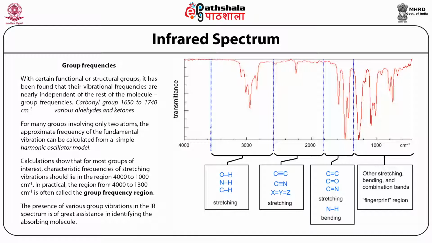The third region lies around 2000 wave number, and it gives you information about the carbon-carbon triple bond, carbon-nitrogen triple bond, and XYZ stretching. And the first region, the region of highest frequency, gives you information about single bond stretching: OH, NH and CH stretching.